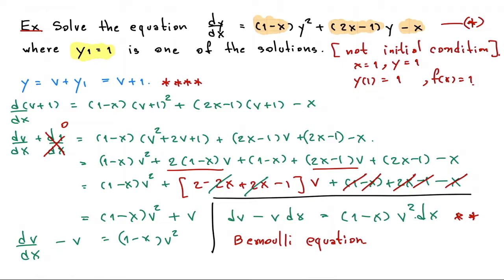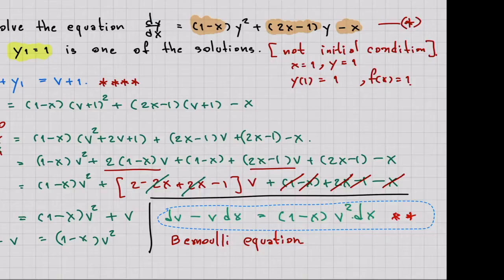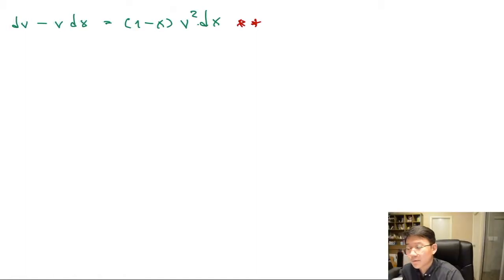So I could have stopped here, right? Because this is a Bernoulli equation, and I assume that you are really familiar with it from the previous video. But anyway, I will still solve it for you, just to remind you how to solve this equation. We used v before in the previous method.